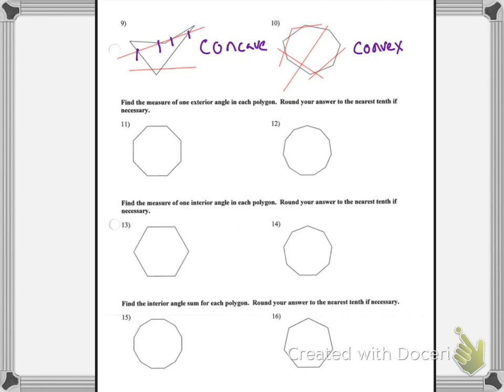Find the measure of one exterior angle in each polygon. Round your answer to the nearest tenth, if necessary. So for this first one, we see this is a regular polygon. For the visual of it, I'm going to extend these exterior angles.